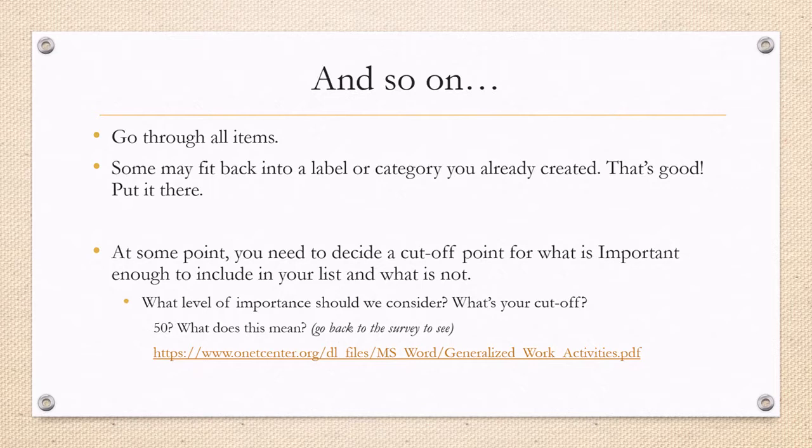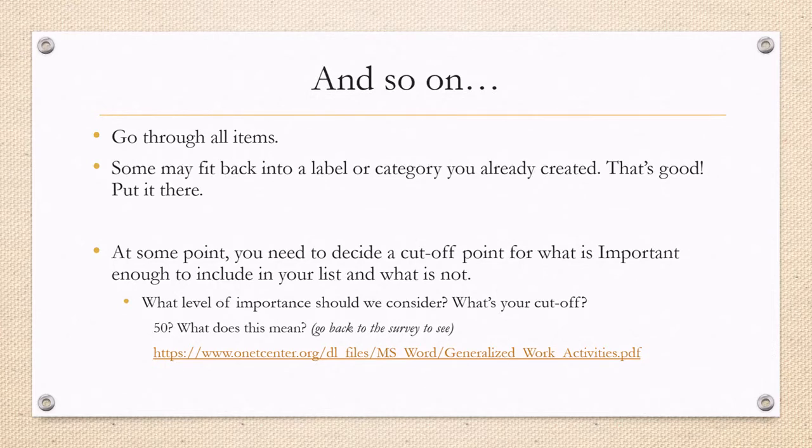So some of these lists go through and list items that have a 0 importance reading. For example, the skills list has items with a 0 importance reading. I think a 0 is pretty clearly something that you would not include on your performance indicators list.